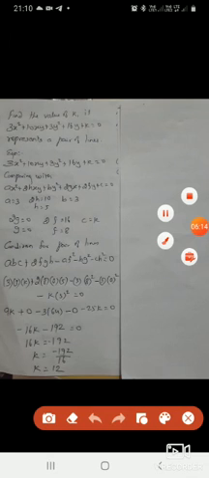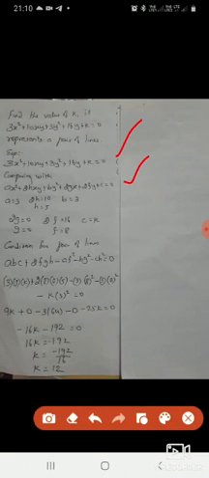So first I'll write the equation and compare with the general equation. We get a = 3, 2h = 10 so h = 5, b = 3. For 2gx, the x coefficient is not there, so 2g = 0, so g = 0.